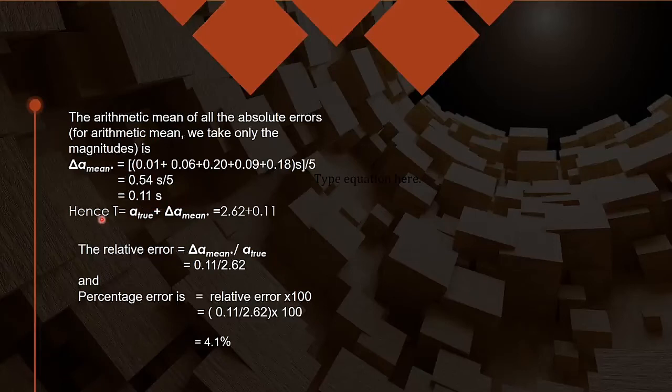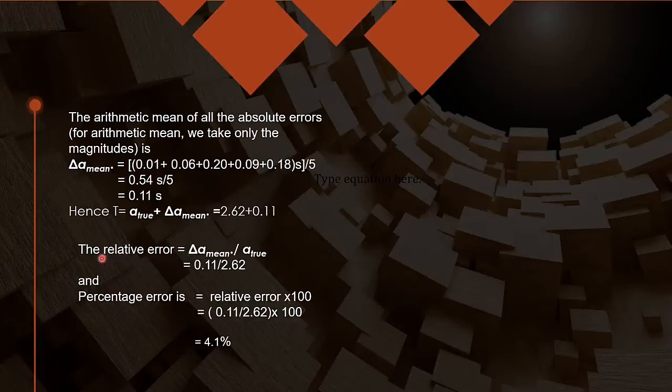So the result which I will write is the true value plus minus the mean absolute error, which I am getting as 2.62 plus minus 0.11. This error we generally write as plus minus, but always a positive value is to be used.